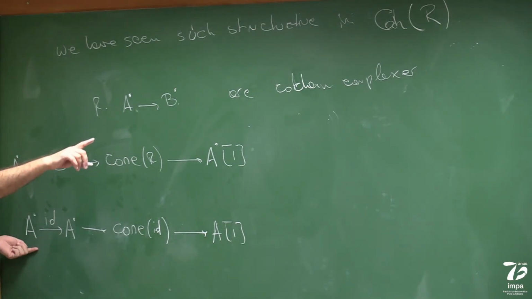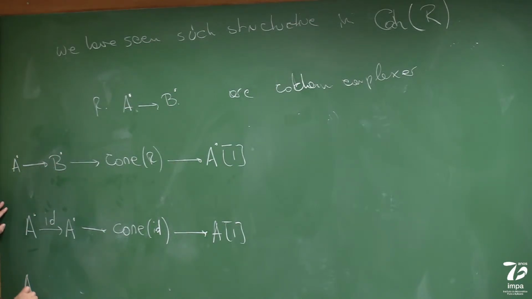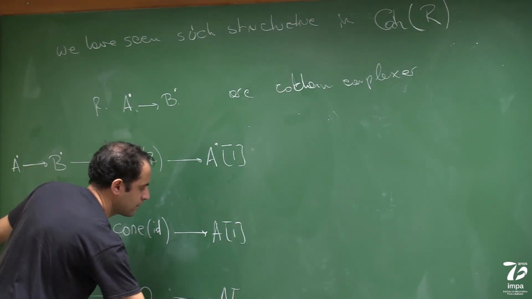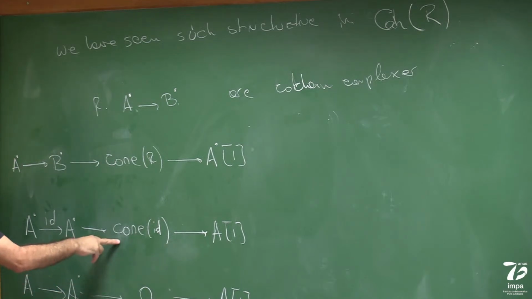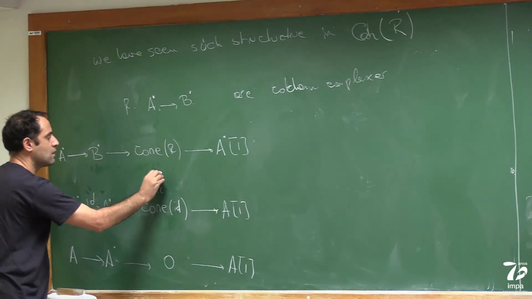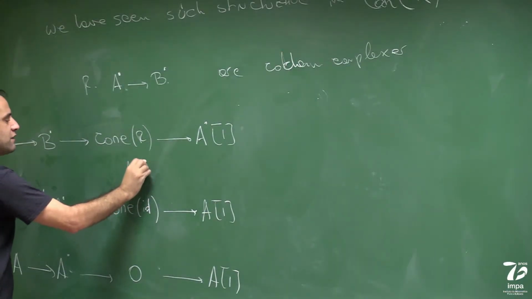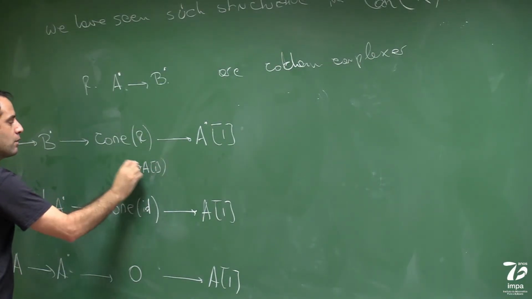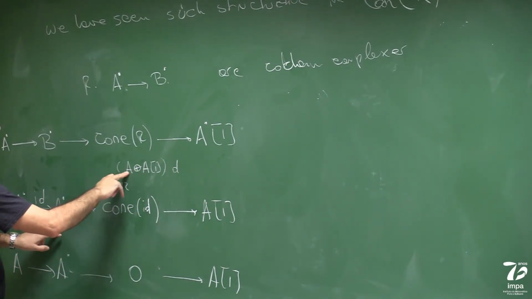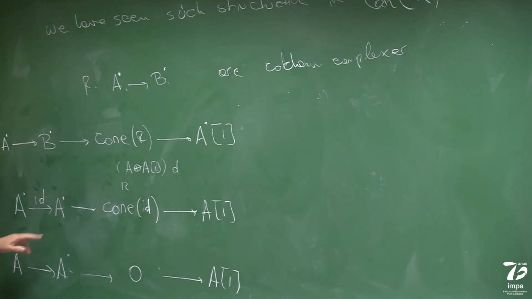But if I wanted to have a triangulated category, then I needed to have this as a triangle. And I see a discrepancy here because this guy here is not 0. Remember that this guy as a chain complex was isomorphic to A plus A shifted by 1 with some differential. And these two maps here are just this inclusion and the projection.